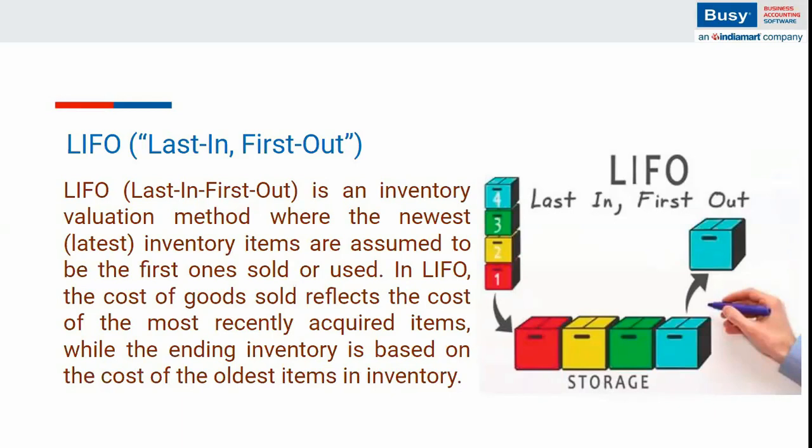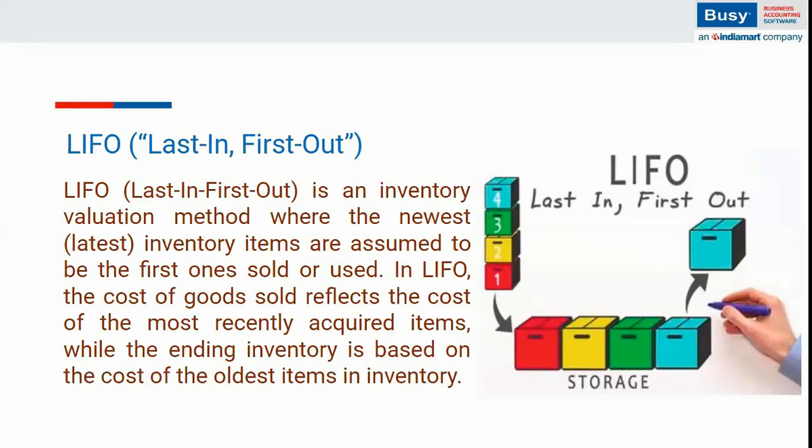LIFO is an inventory valuation method where the newest, meaning the latest, inventory is assumed to be the first one sold or used. That means before you sell the quantity, if you have done any purchase or stocking before that current sale entry, that valuation will be reflected in the remaining quantity of your stock. So it will be on the LIFO method.